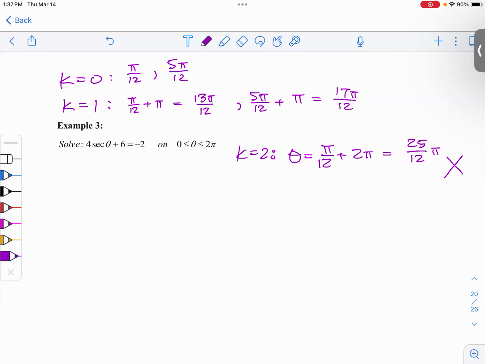So you basically pick numbers, and you can pick negative k's as well, but as soon as I pick a negative k, I'm below 0. All of this is about picking the range, which means my solution set is pi over 12, 5 pi over 12, 13 pi over 12, 17 pi over 12.